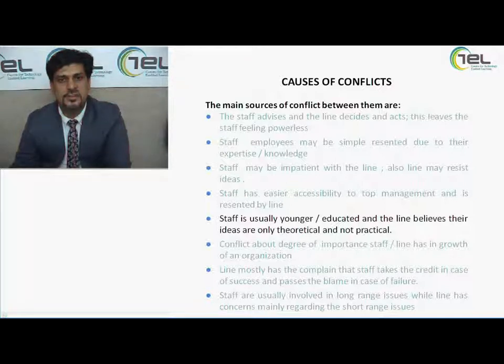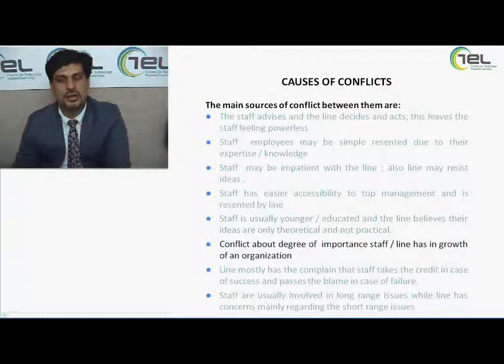Most of the staff employees in most of the organizations are younger and educated compared to the line employees. Line employees are people who have learnt the art with their own hands and have grown. So they feel that the staff people are usually theoretical and come up with non-practical ideas, leading on to conflicts.